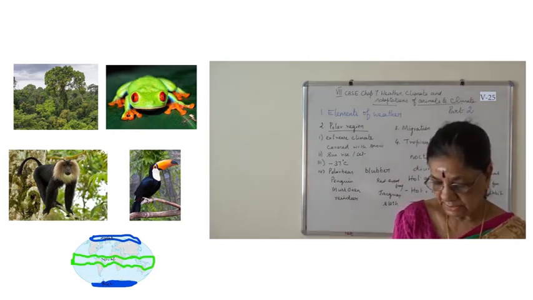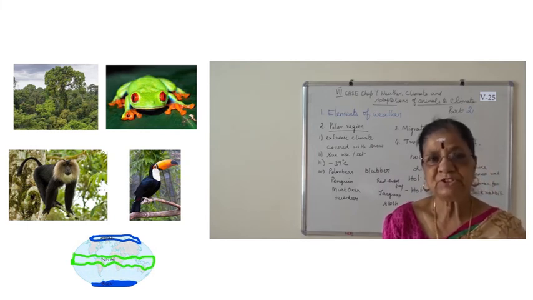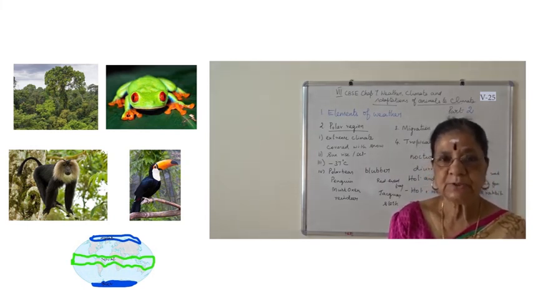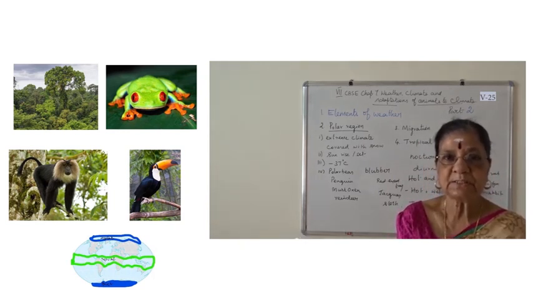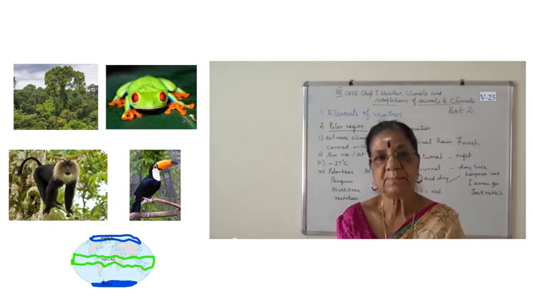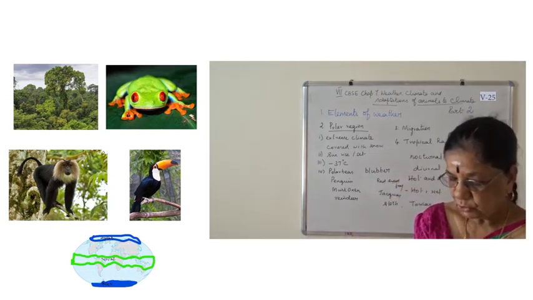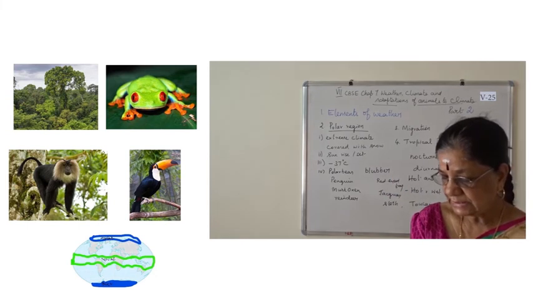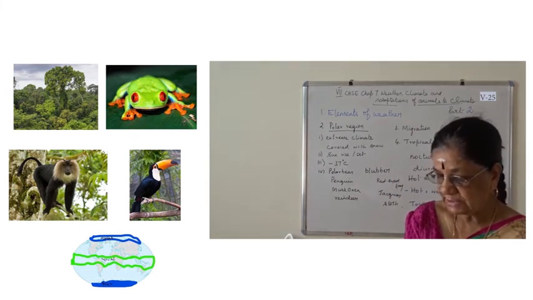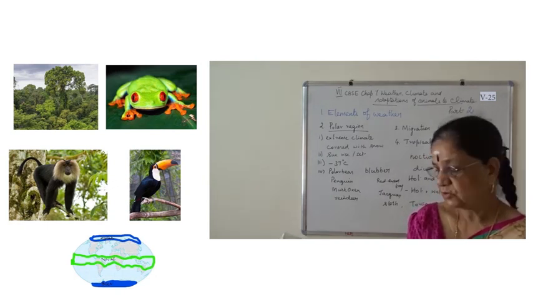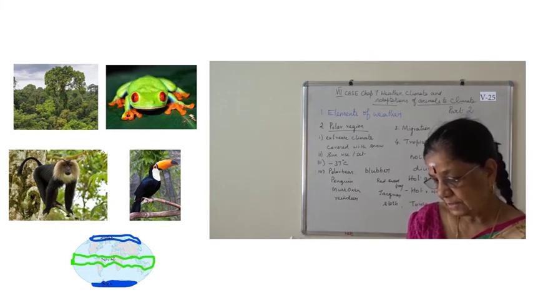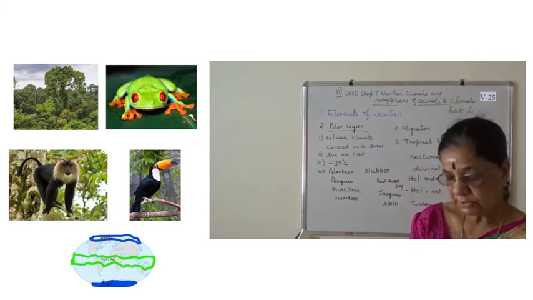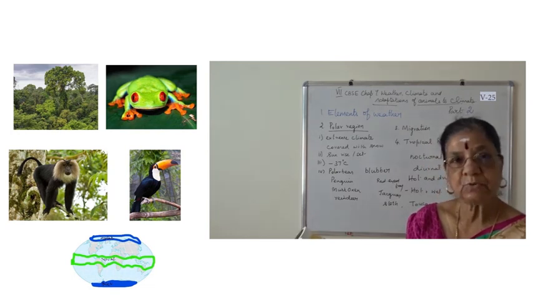Camouflage is when the body structure or color changes according to the surroundings, like the chameleon changing color. So stick insects and leaf insects are so well camouflaged in their surroundings that it is difficult for predators to spot them. And the weaver ant and leaf cutter ant are adapted to living on trees in rainforests.